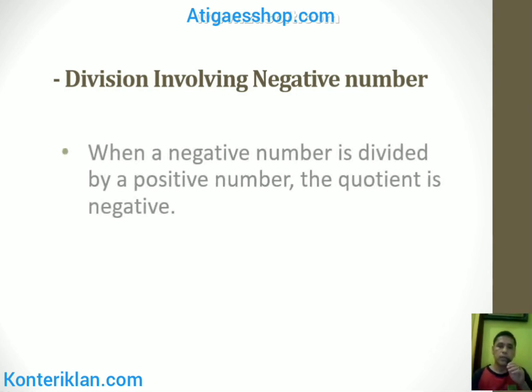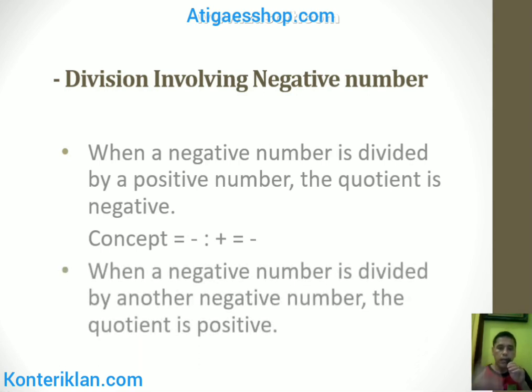When a negative number is divided by a positive number, the answer is negative. This is the key concept: negative divided by positive equals negative. When a negative number is divided by another negative number, the answer is positive. Negative divided by negative equals positive.